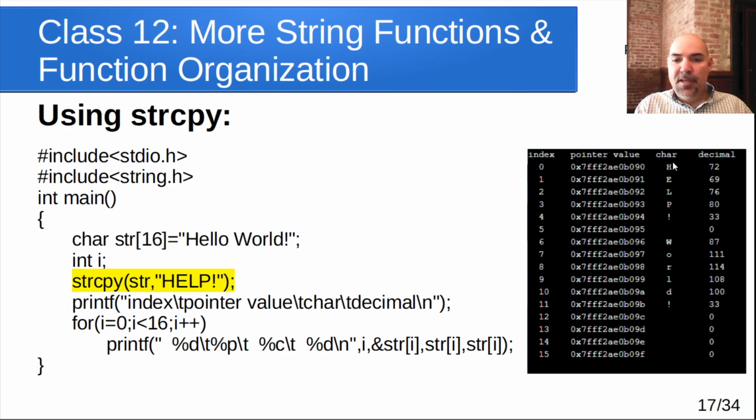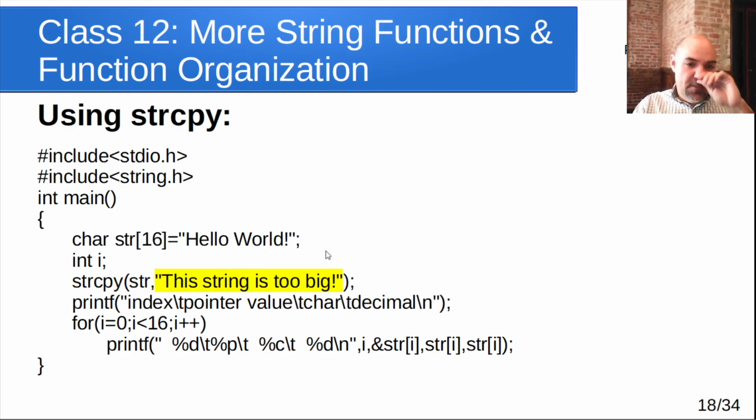So we copied in the H, and then went to the E, and then the L, and the P, and the exclamation mark, and then the null, and then it stopped. So it left the other stuff in memory in there that was in there from before. So you'll notice how kind of bare to the memory this implementation is, that we're just moving bytes from one place in memory, one at a time to another place in memory, until everything has been copied over.